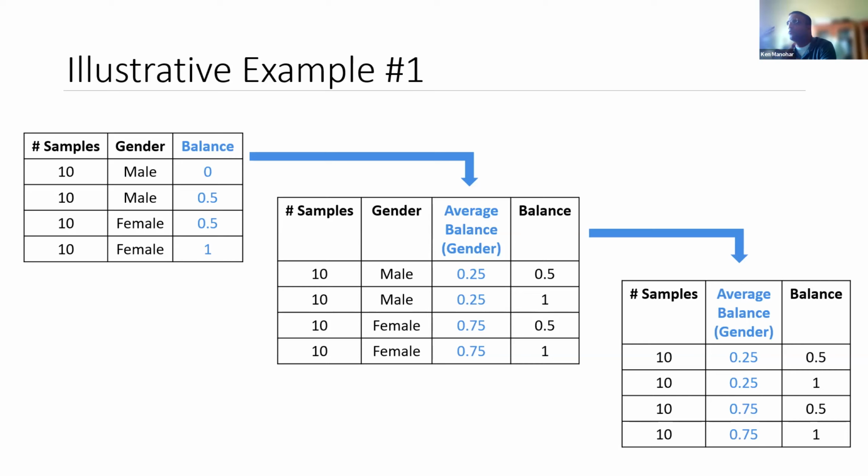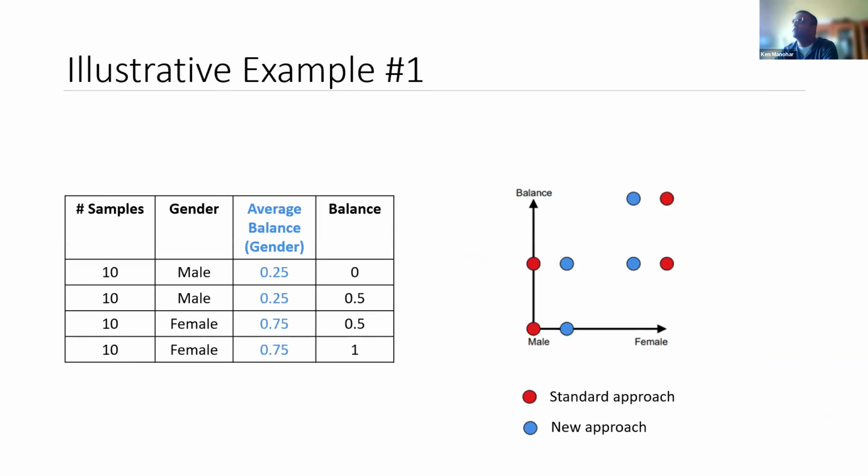So the new approach replaces the gender value with this new average value: males are replaced by 0.25, females by 0.75. If we apply clustering now using these transformed values, in this scenario we still end up with 4 clusters. So in this example, there isn't any difference between the traditional approach and the new transformation approach.